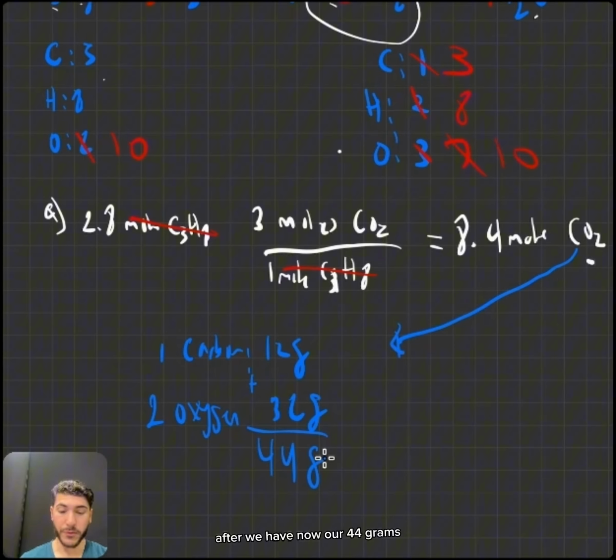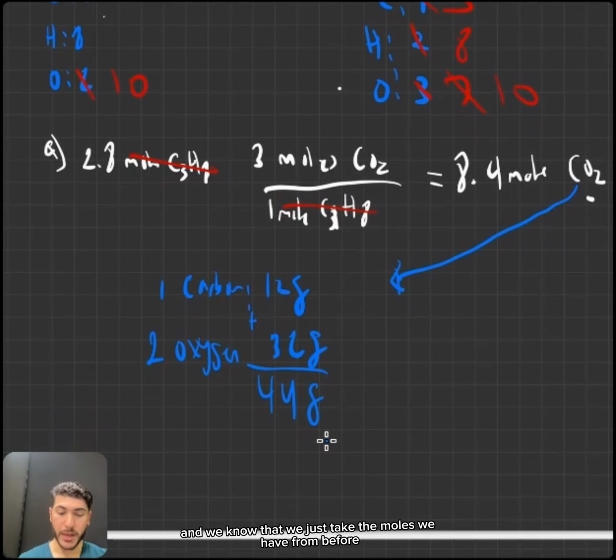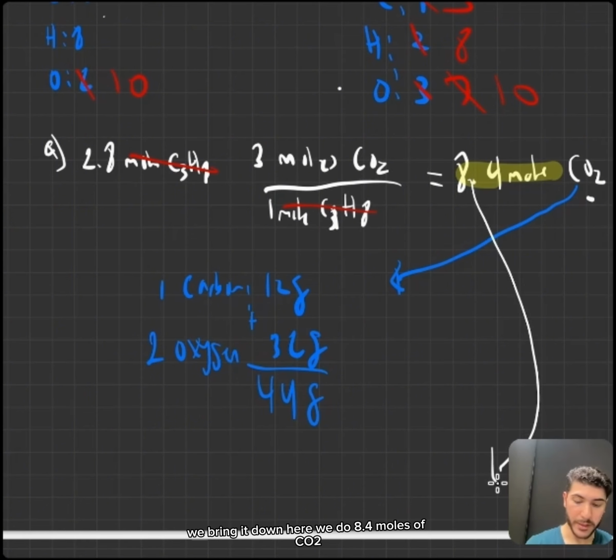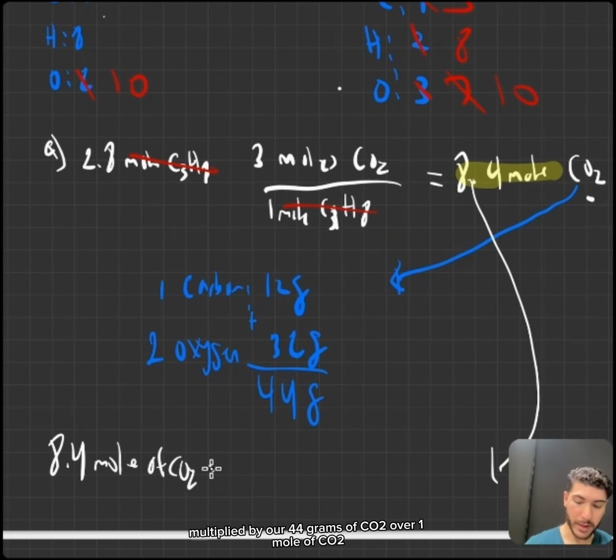After we have our 44 grams, we just take the moles we have from before. We know that we have 8.4 moles. We bring it down here. We do 8.4 moles of CO2 multiplied by 44 grams of CO2 over 1 mole of CO2.